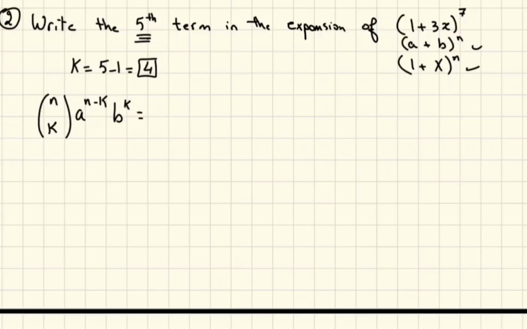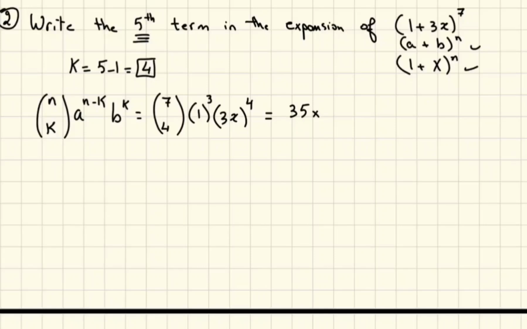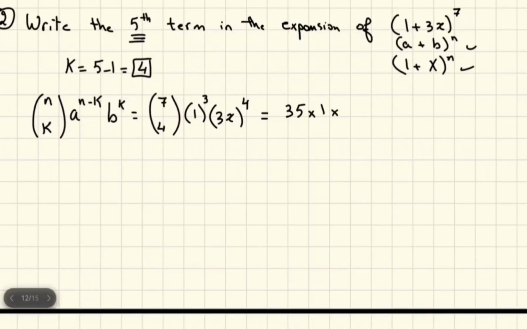Let's replace. n is 7 in this case, k is 4. a is 1, 7 minus 4, which is 3, and b in this case is 3x, exponent k, which is 4. Now we can do 7C4 on the calculator, and it will be in this case 35, multiplied by 1 cubed, which is only 1.